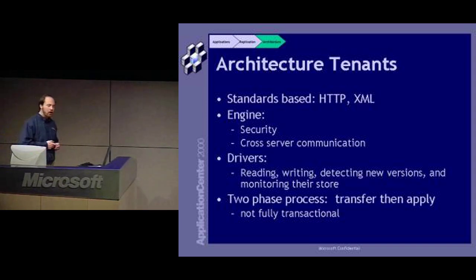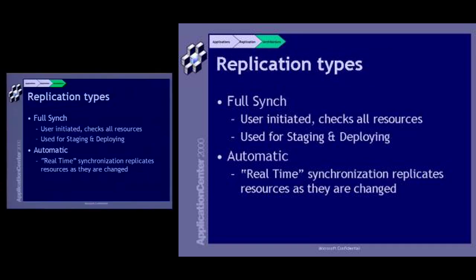And again, there are two types of replication. There's the full sync, which is initiated by the user, and it checks all the resources. What it does is basically the cluster controller says, these are all the files and all the resources I have. Boom. And it sends that list to all of the member machines in its cluster. Those member machines take that list, and they compare it to what they've got. They say, OK, thank you, cluster controller.